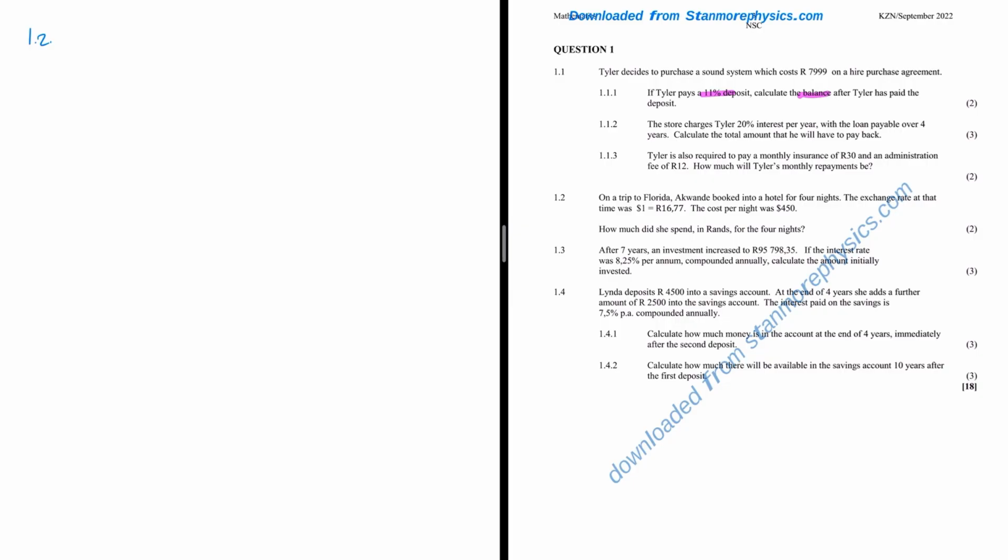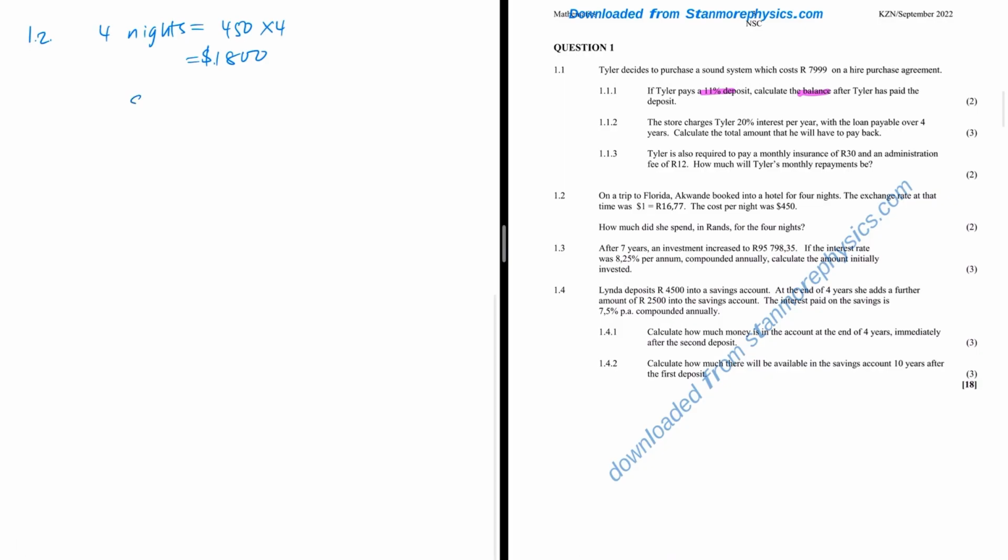So what we can do is work out the total cost in dollars for the 4 nights. So if one night is 450, then 4 nights is going to equal 450 times 4, which is equal to $1,800. Now we can convert the $1,800 into rands by using the conversion.